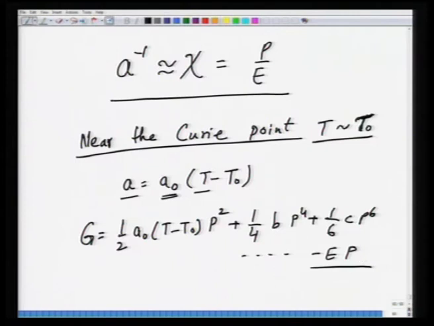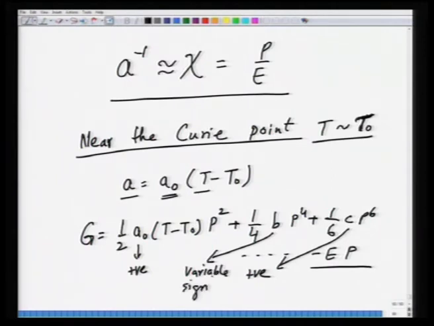So here A naught is positive and C is positive, and B could be of variable sign, and depending upon the sign of B as a function of temperature, you will have a phase transition.